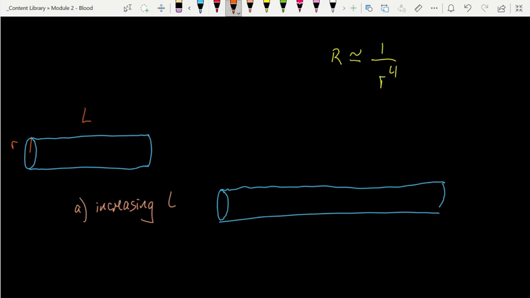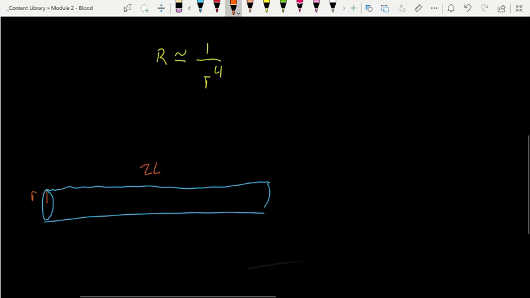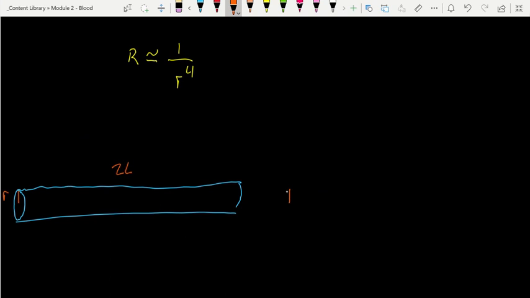So now my overall length is 2L, still with radius R. Based on what we see up here, what have we done? This will lead to an increase in resistance by a factor of 2, twofold. Essentially, we just doubled it. And we can see that from the equation. If I double length, I double resistance.